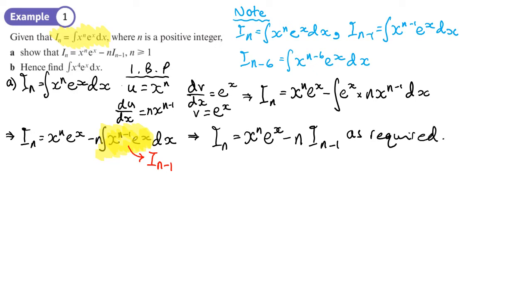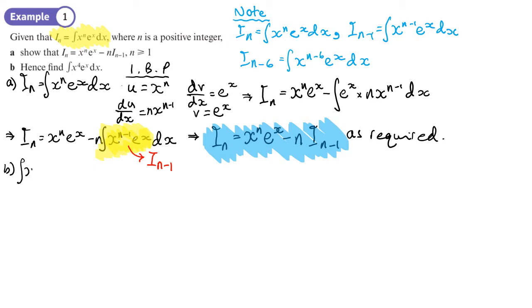Now when we move on to part B, we're using this reduction formula here, so it might be worth highlighting it so we can see what we're using to work out this integral here, x to the power 4, because we don't want to use integration by parts 4 times. Well, we could, but it would take us about half an hour to do so.